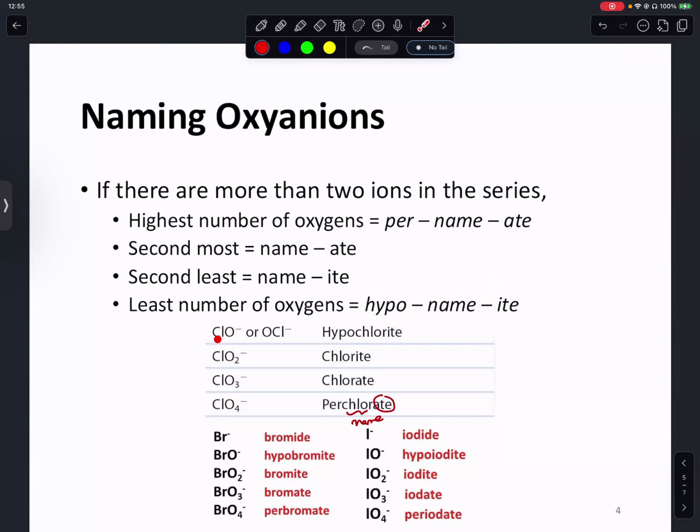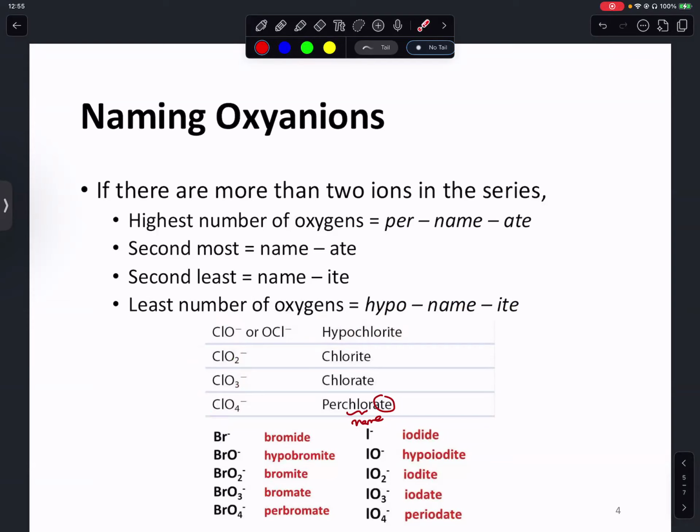An example again, ClO minus, which can also be written as OCl minus. These two can be used interchangeably and it becomes hypo, the prefix, chlor for the name, and then ite for the suffix.